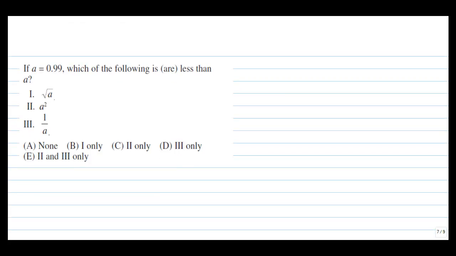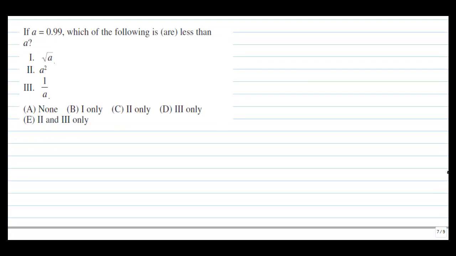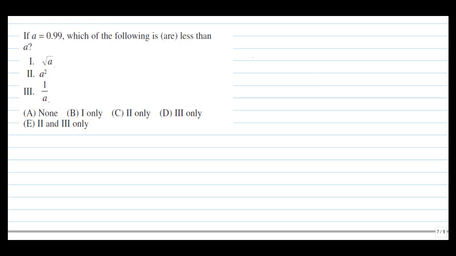Next one is about decimals. It says if a equals 0.99, which of the following are less than a? Now, if your calculator is allowed, it would be easy.